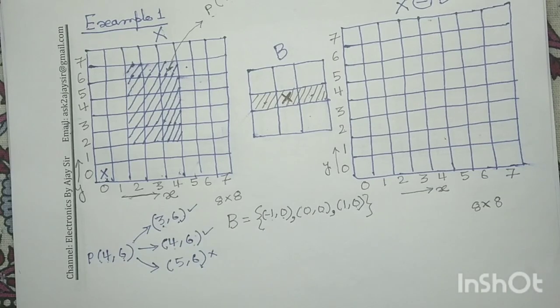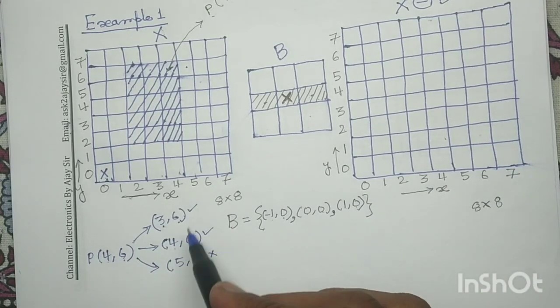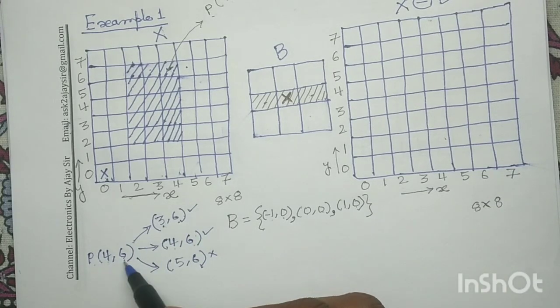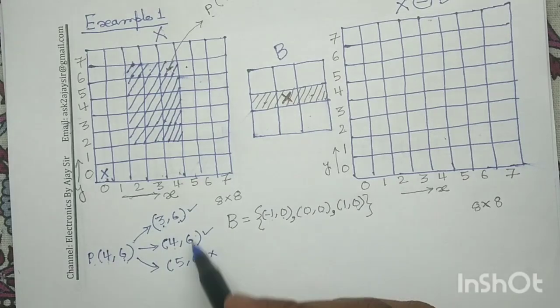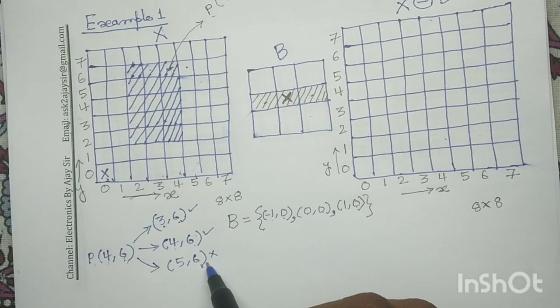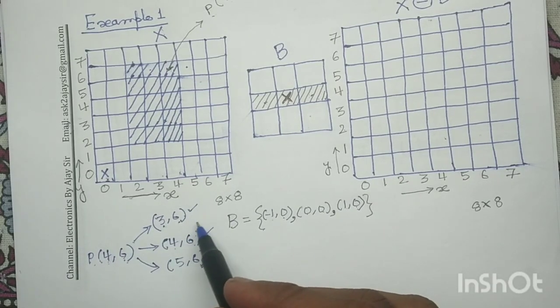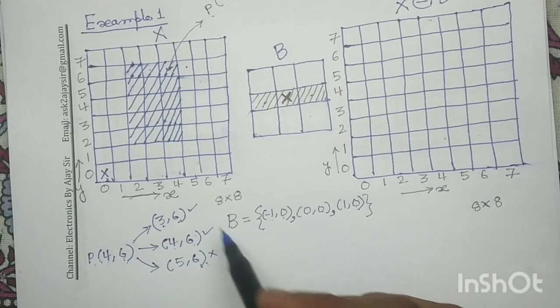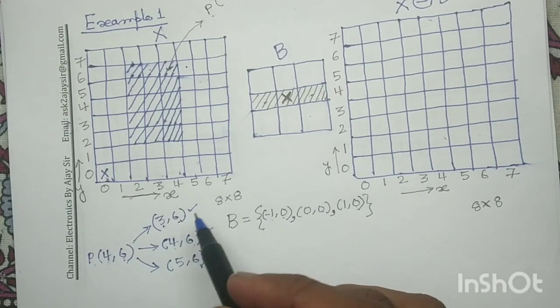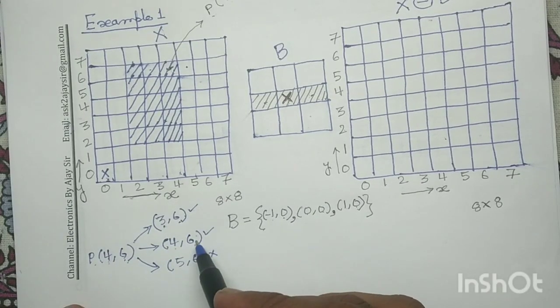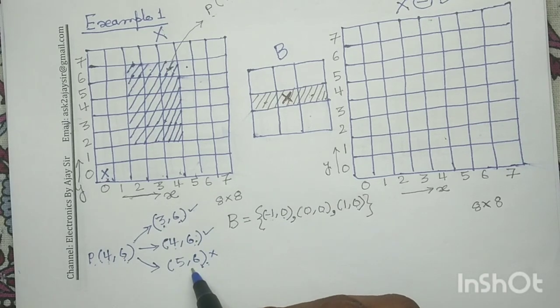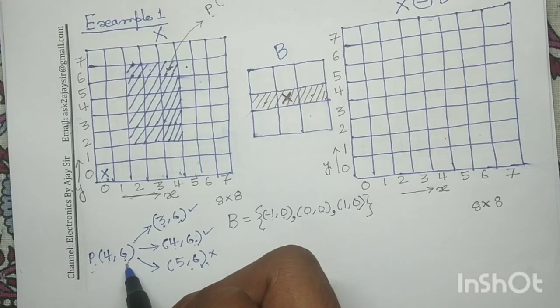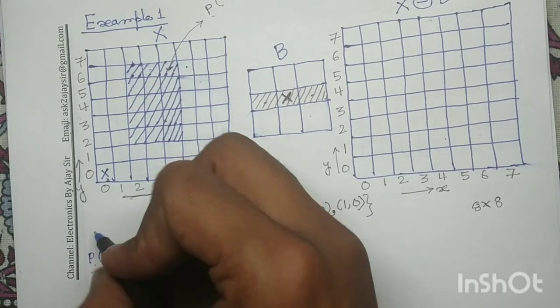So what is my conclusion? P, 4, 6, doesn't satisfy the criteria. 3, 6 and 4, 6 satisfy it, but 5, 6 is not part of the object pixels. So we conclude that 4, 6 will not be a part of the eroded output.